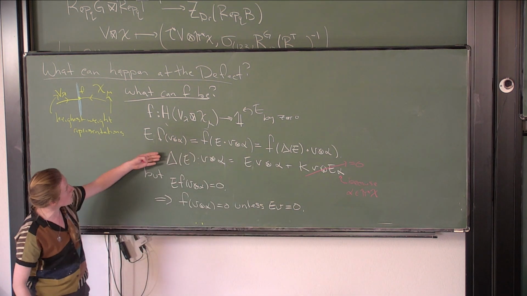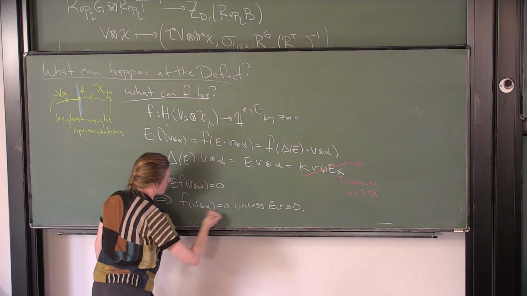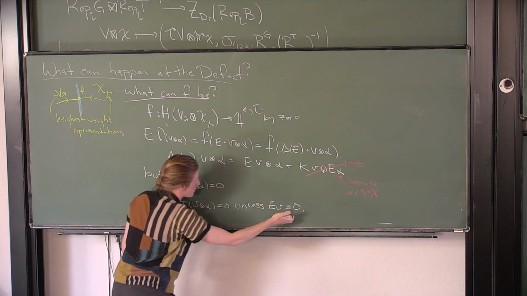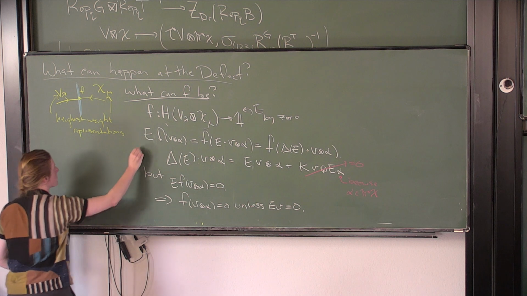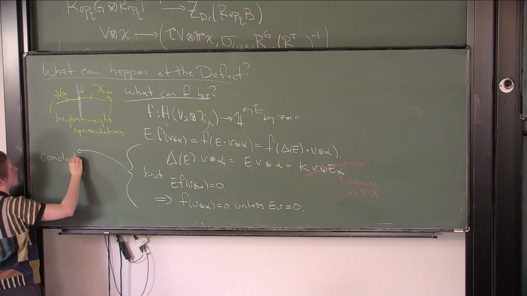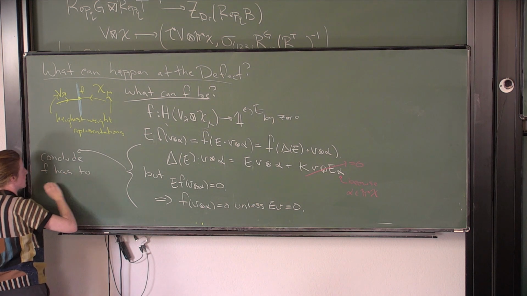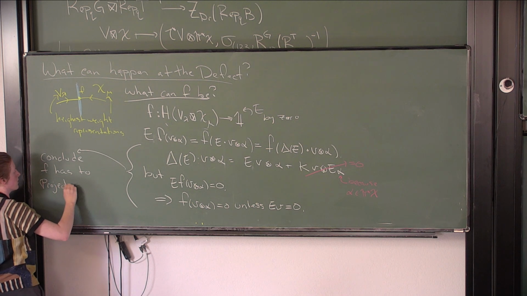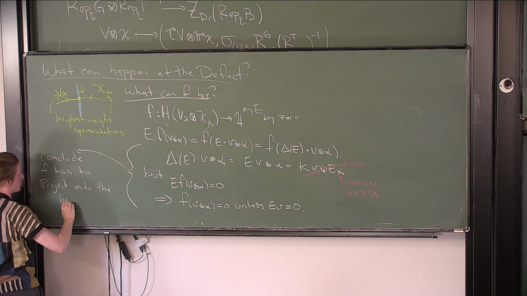So the only way for the action to agree before and afterwards is for this either to be 0 or for it to be killed by E. So what we conclude is that f has to project onto the highest weight space.